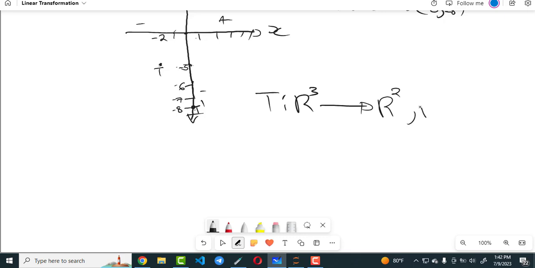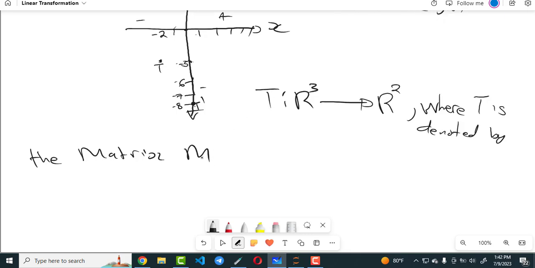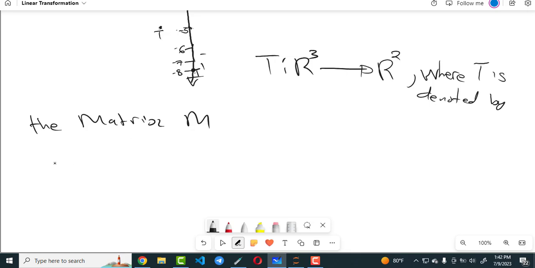And remember that T is denoted by, let's say, the matrix M. So we are going to denote this T by this matrix M. So what we can do now, let's say we have matrix M, which is representing our linear transformation, and we are going to put 1, 0, minus 1, 0, minus 3, and 4.